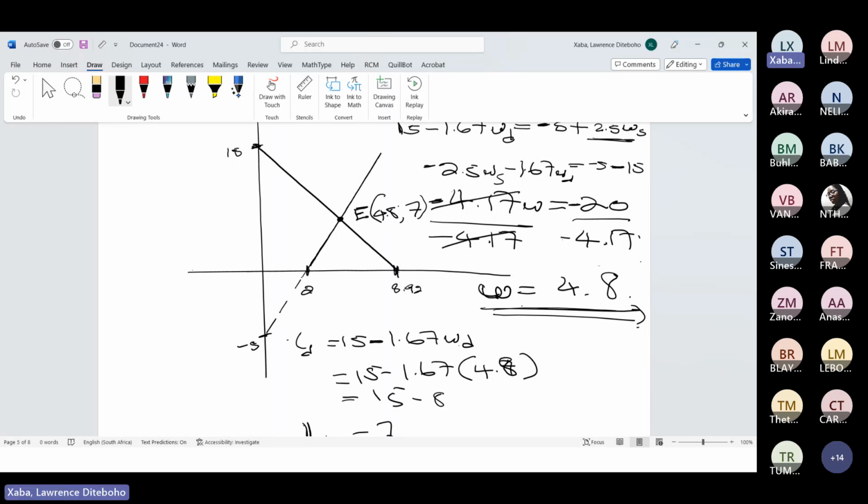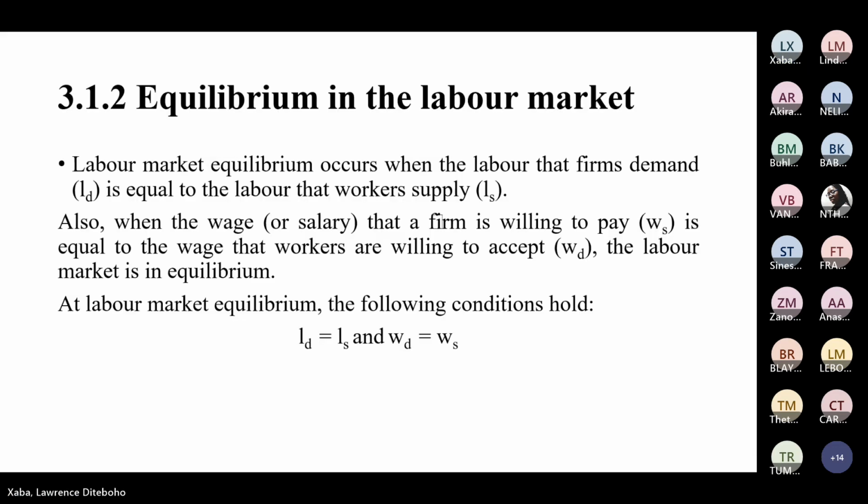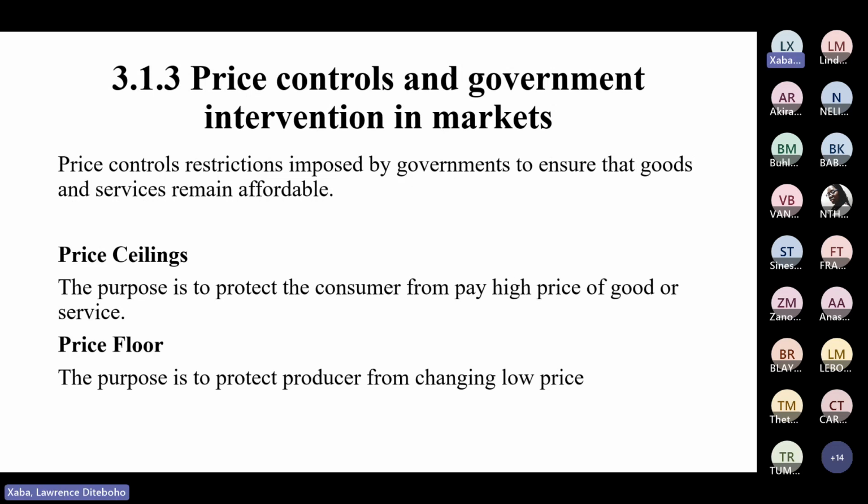So if we don't have questions, let's move on. We're discussing the equilibrium in the labor market. So we are moving to price control and government intervention in the market.